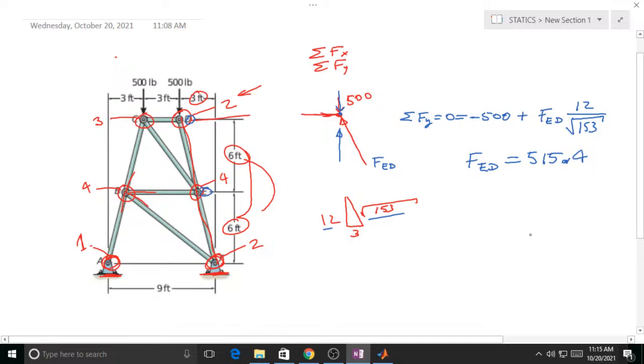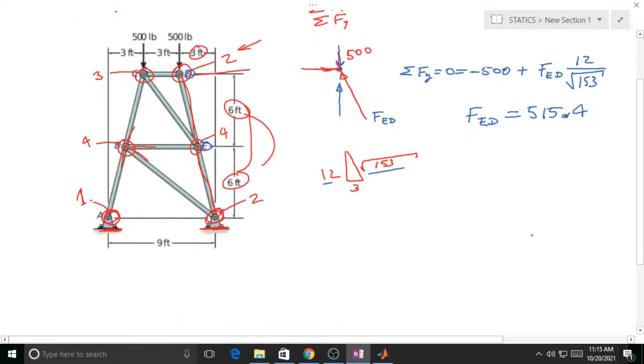In his drawings, the way he did these is he had the node, and he had a particular force right here. And you have to have an equal and opposite force on the member that you took off. So this is member DE.